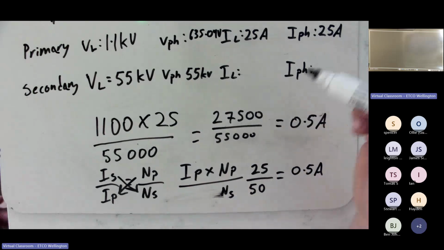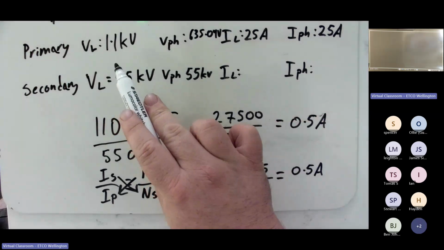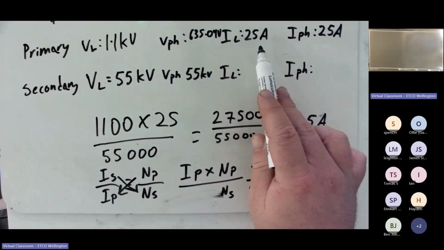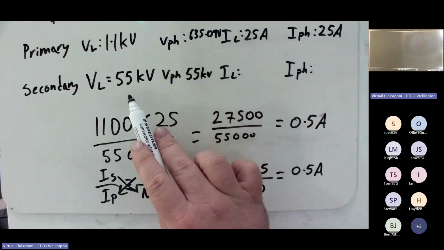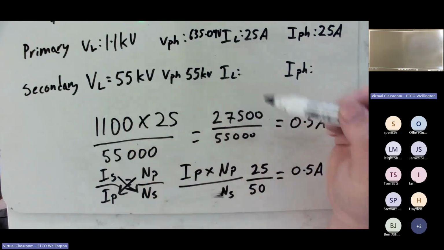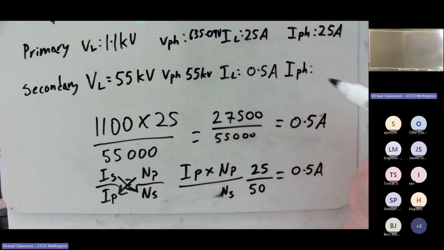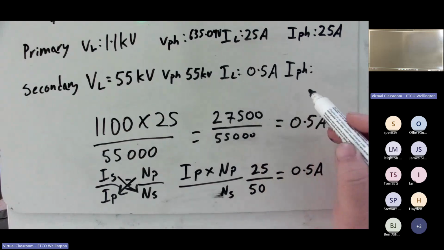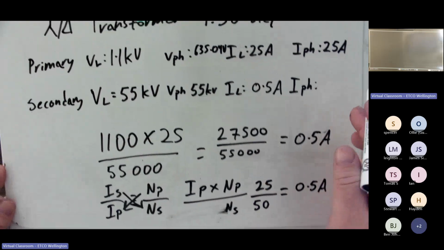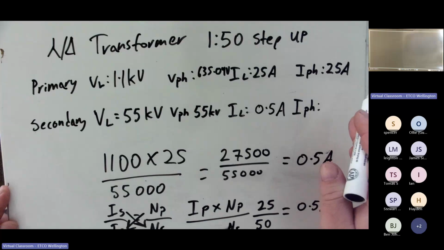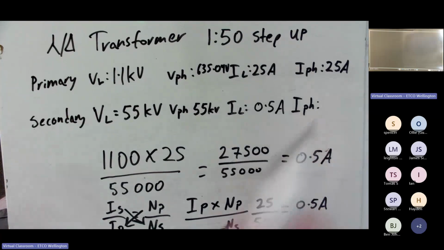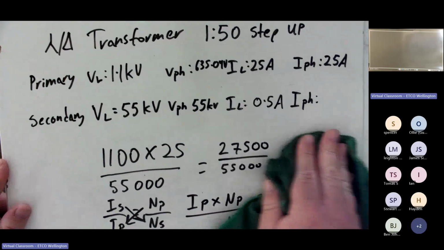This is the line because I used the line voltage and line current of the primary and the line current of the secondary. We know that it's 0.5 amps, but also we know that IL and I phase in delta are different. We then have to figure out the phase current.